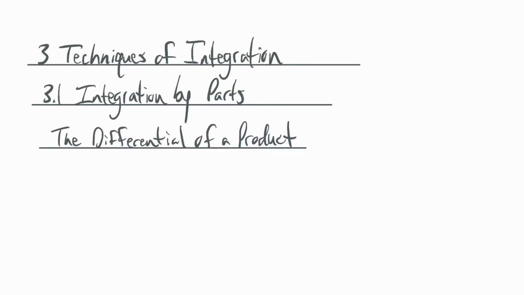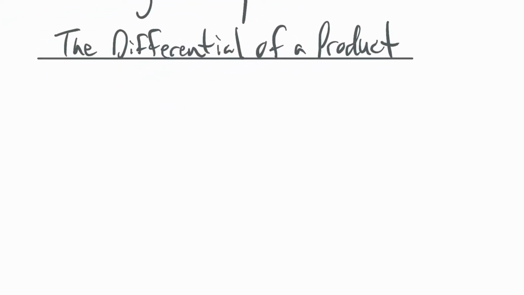So, the differential of a product. If I have something like the differential of u times v, and u and v are both functions of x. I don't want to write u of x and v of x every time because that just gets tedious, but they're functions of x. Well, there's a couple of ways to think about this.